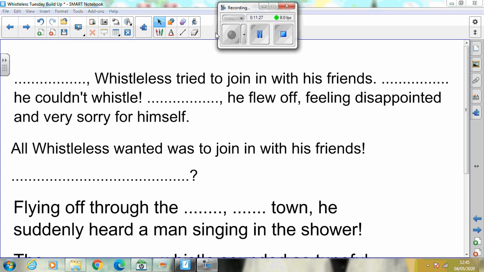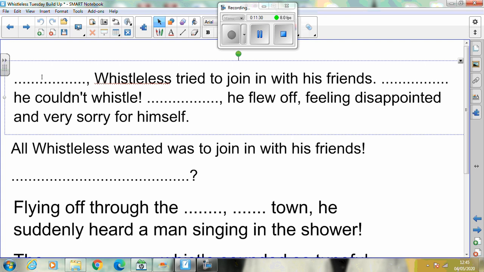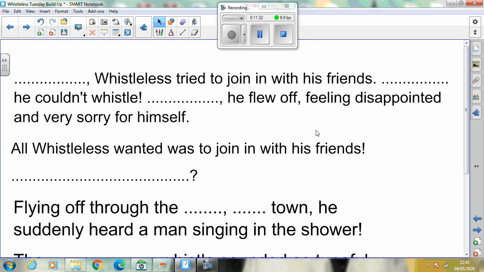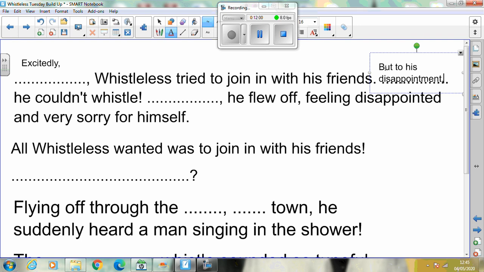And the challenge for me now is to try and remember which words we used. Here I've put together the sentences with the gaps that we filled. Okay, so we had excitedly, comma, Whistleless tried to join in with his friends, but to his disappointment, comma, he couldn't whistle.